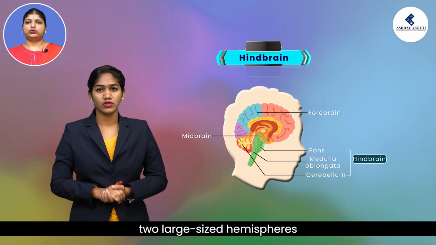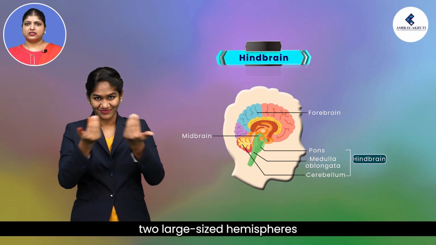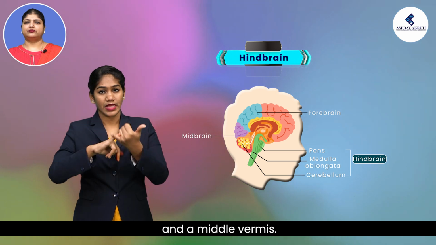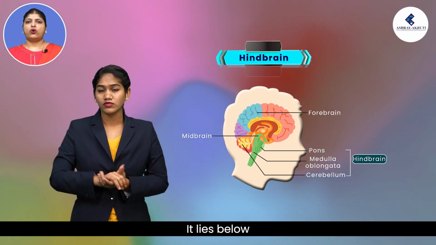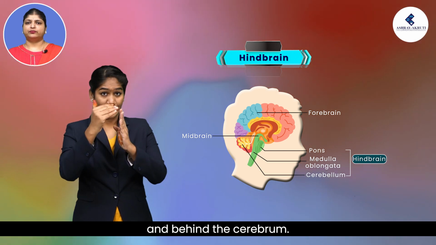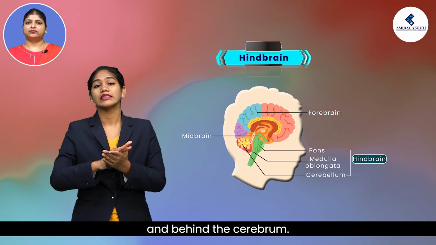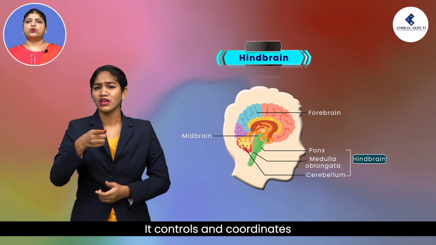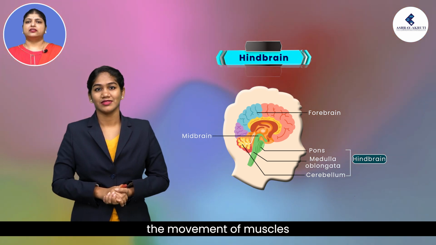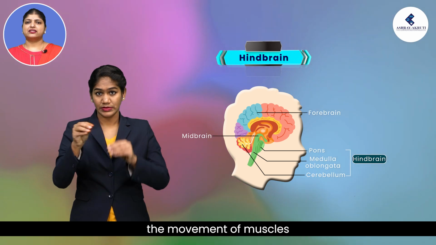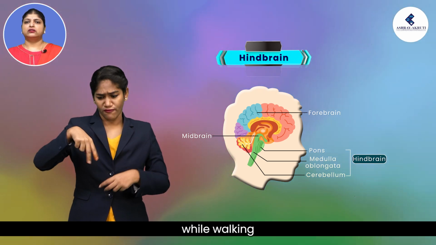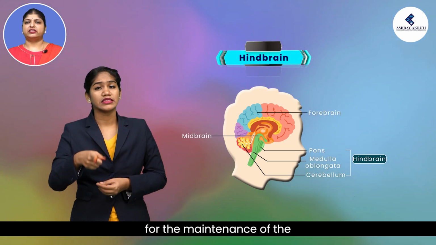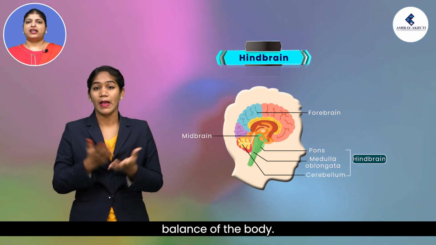It has two large sized hemispheres and a middle vermis. It lies below and behind the cerebrum. It controls and coordinates the movement of muscles while walking or running. Hence, it is responsible for the maintenance of the balance of the body.